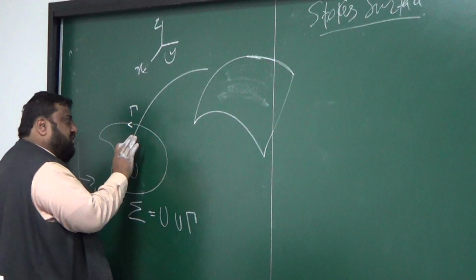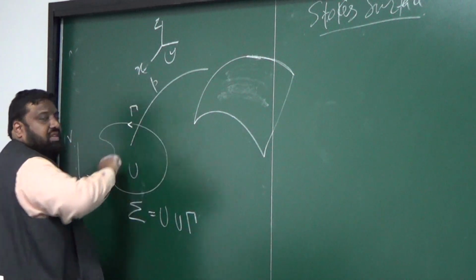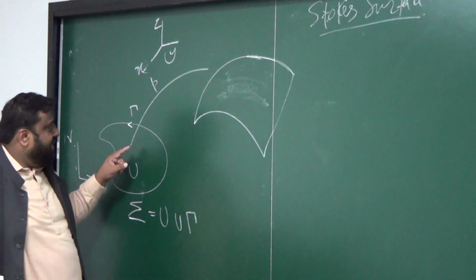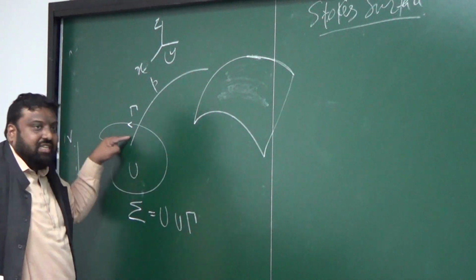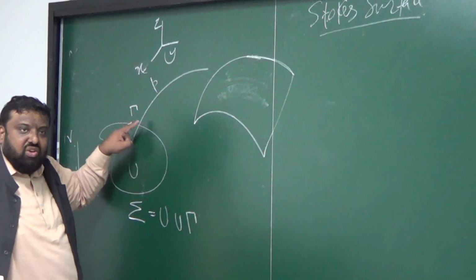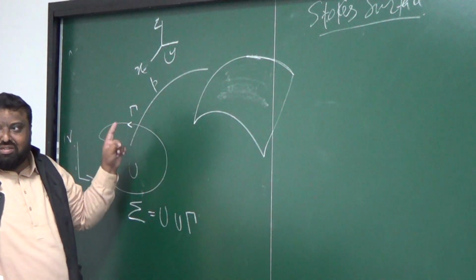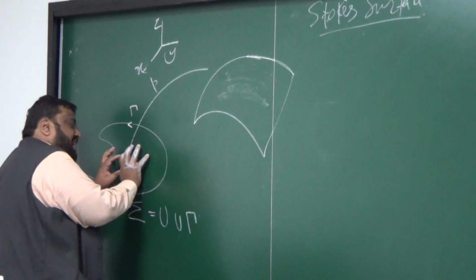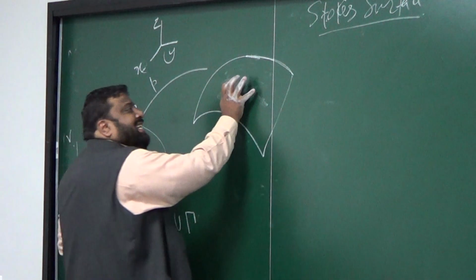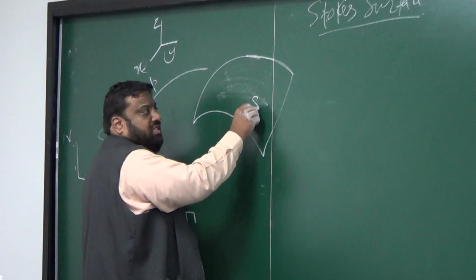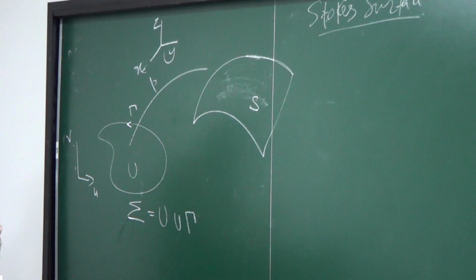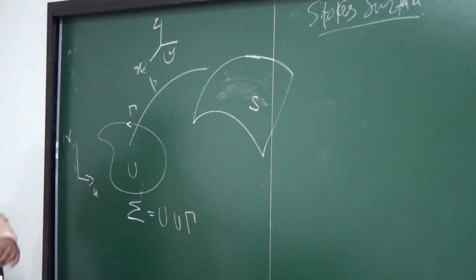Since P is only defined on this inner part, you have to think of it, it's not defined on the boundary. Keep it. Second thing, when you have this inner part, you're going to get an inner part of this surface. So let's call this S.